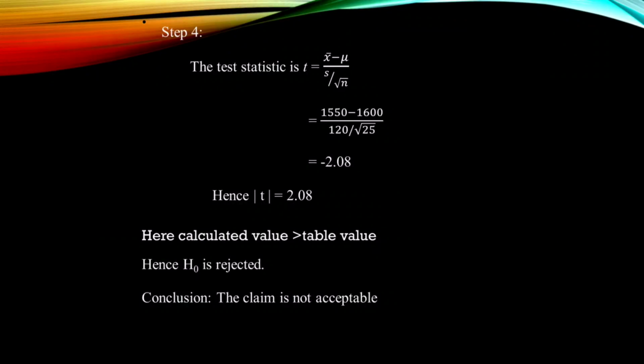Now let us compare the table value with the calculated value. Here the calculated value is greater than the table value. Since the calculated value is greater, we need to reject H naught. That means the alternative hypothesis H1 is accepted. So the conclusion is the claim is not acceptable. Thank you.